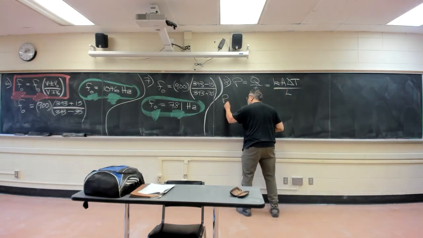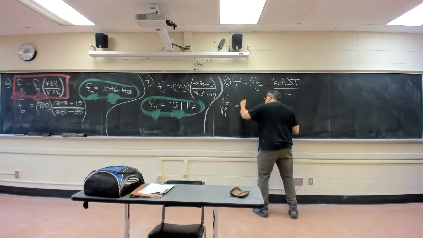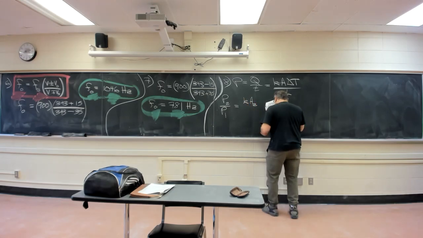You're going P sub 2, P sub 1. Let's talk about A2. Delta T is the same. I think they said to keep that the same under consideration.